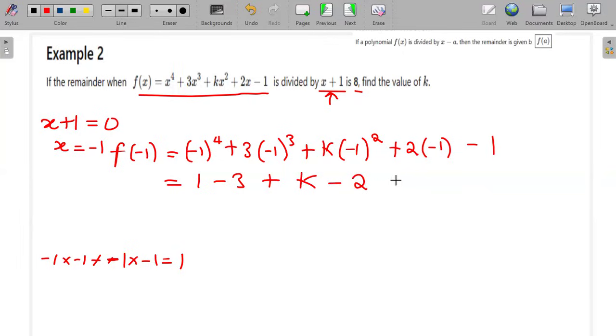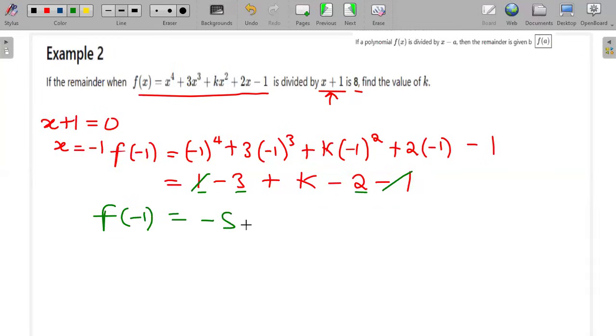And then this will be minus 1. So that is what we have there. So now we can combine. So f of minus 1 is equal to 1 minus 3 minus 2 minus 1. So this positive 1 and the minus 1 cancel out. So I only remain with the minus 3 and the minus 2, which give me minus 5, and then plus k.